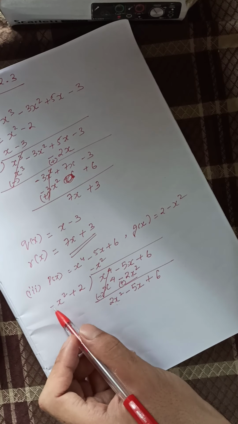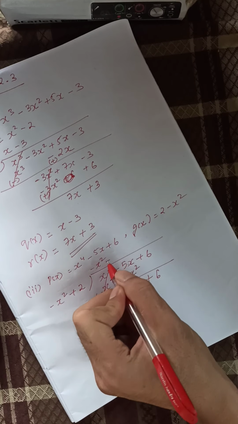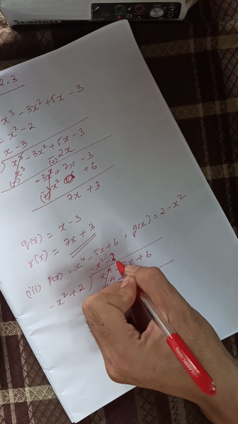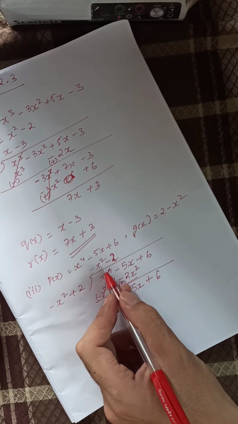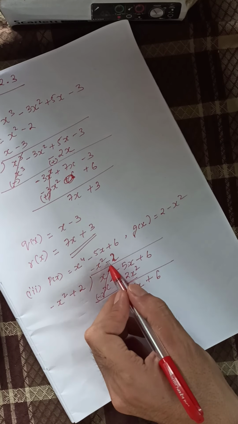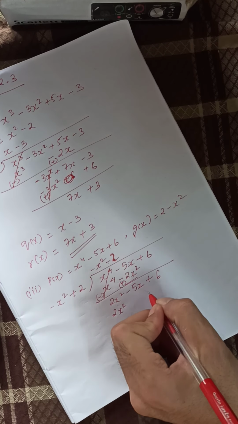Now minus x squared into how much will give us 2x squared? Minus 1. No, sorry. Minus x squared into minus 2. Minus into minus is plus, so 2 into x squared is 2x squared. Minus 2 into 2 is 4, minus 4.